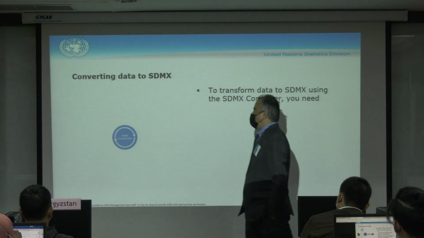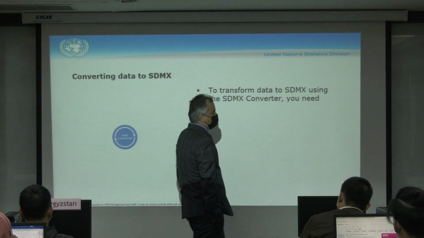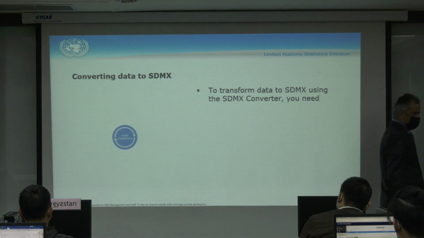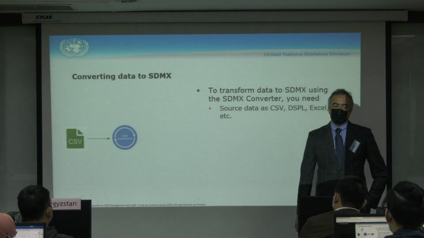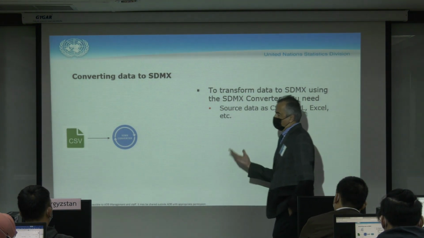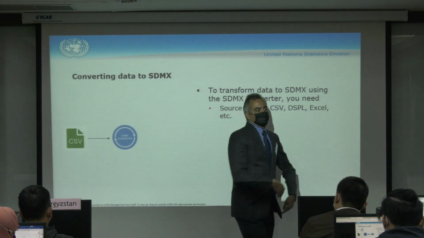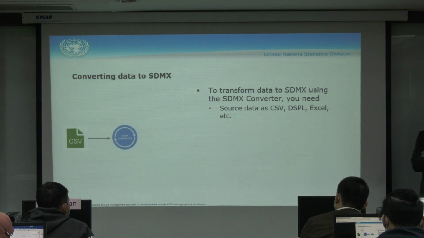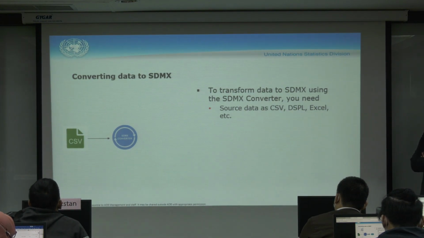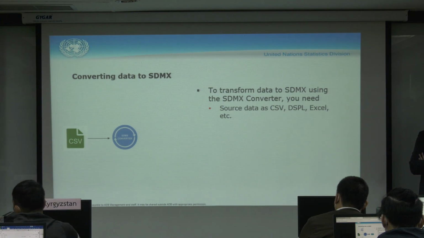To transform data with the SDMX converter, you need what? Well, you need the data in the first place, right? That's fairly obvious. What else do you need to convert non-SDMX data into SDMX? Any views? I'm listening.